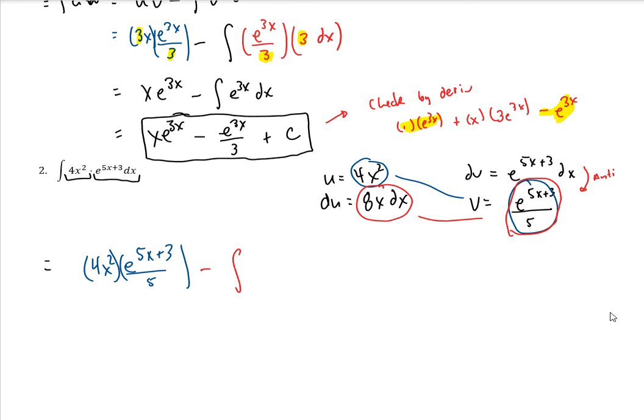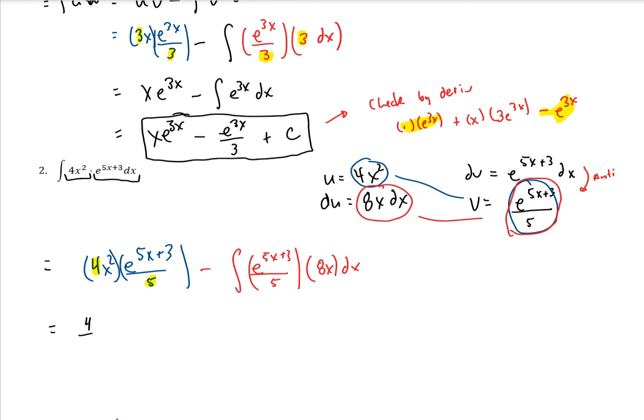So let's put this one in the red first. So we have e to the 5x plus 3 over 5, and then the 8x dx. Okay, and then now let's look at it and simplify. So in our first one, all I'm going to do is just put the 4 and the 5 together as 4/5.